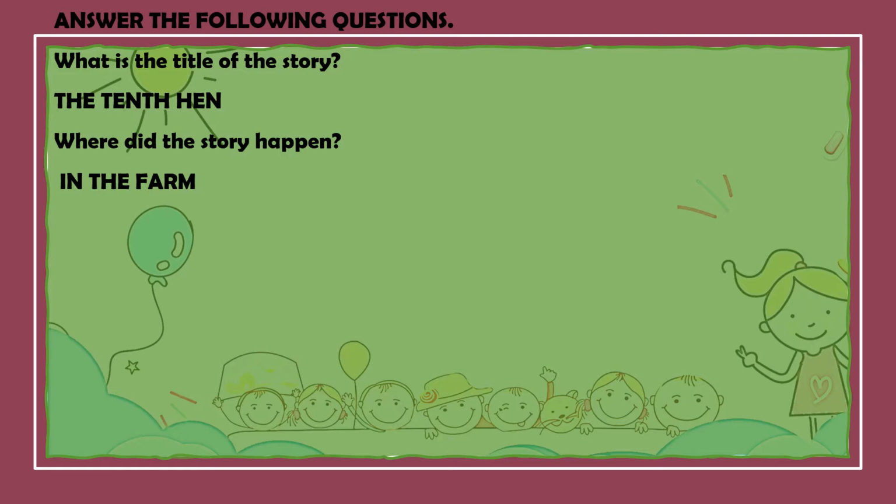Correct. In the farm. Who are the characters in the story? These are the people or animals that are present in the story. Ben, Ben's father Tim, and the 10 hens. Correct. That's right.